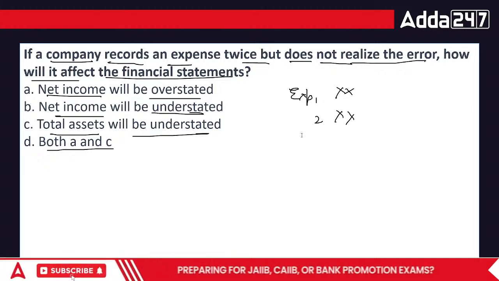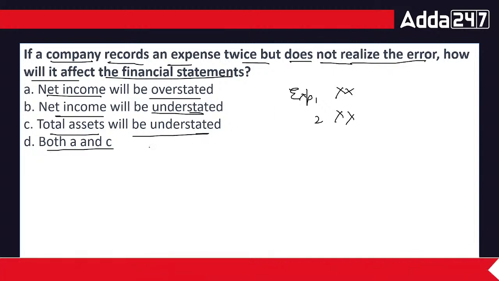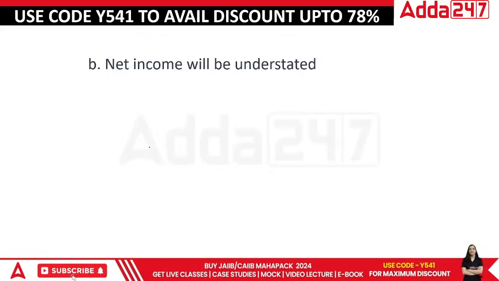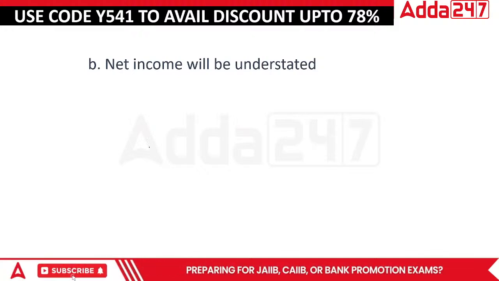Obviously, it is going to hurt my pocket. So, if something's going to hurt my pocket, then net income will be understated in this case. If expenses are recorded twice, your expense is more, your income is less, then ultimately it would look like you are facing a loss while you are not facing a loss.